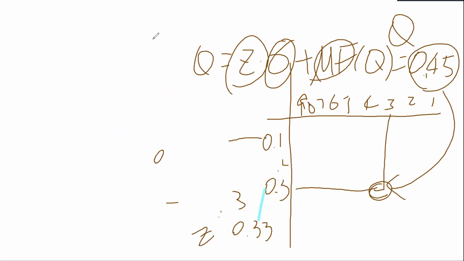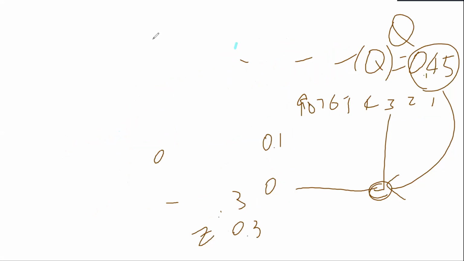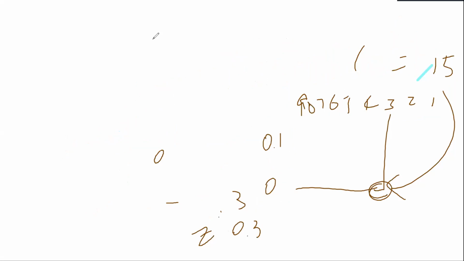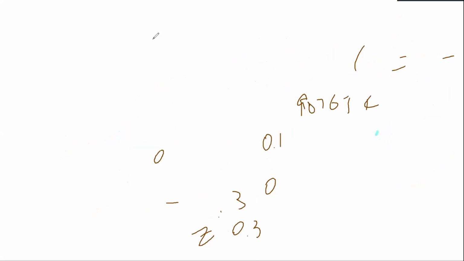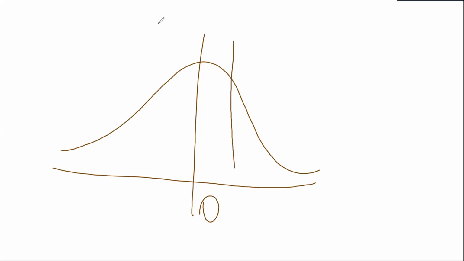Also in quiz 2, let's do some qualitative questions. We still draw this bell curve, and this is 0. The demand model is like this.